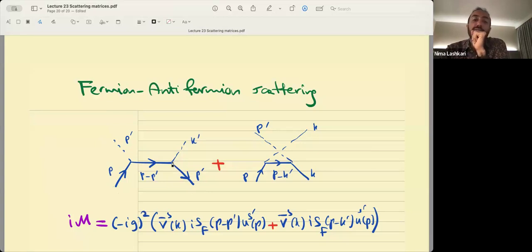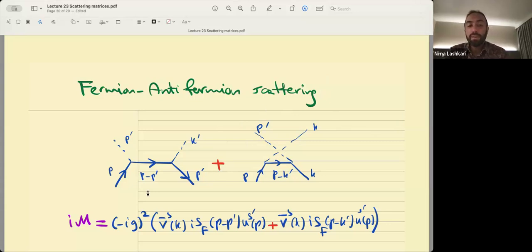And this is another vertex that you can insert. So you could have a process where a fermion and anti-fermion collide, and what comes out is two scalars. Now you have to symmetrize the final states, because the final states are bosons. It should be clear that in this case you're just adding them.